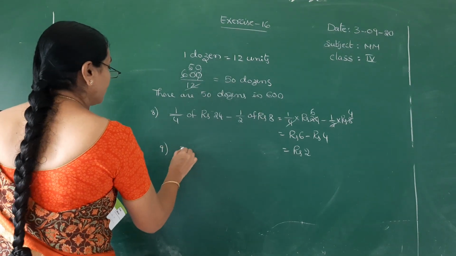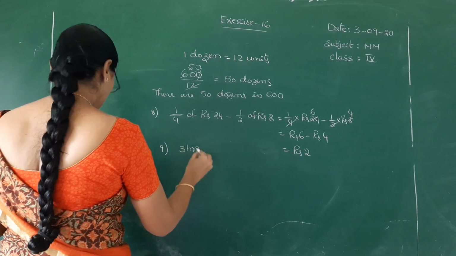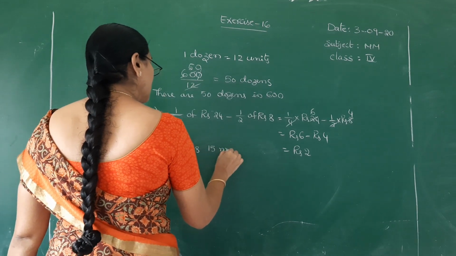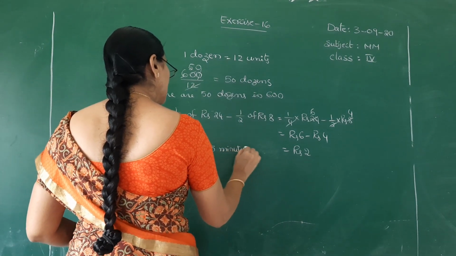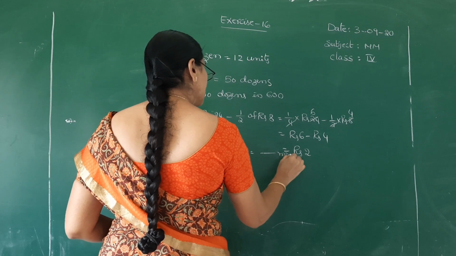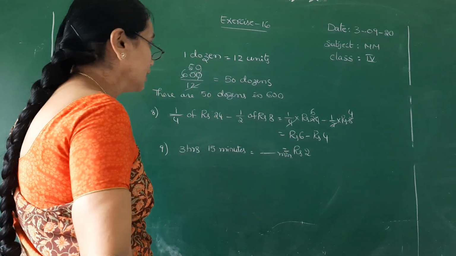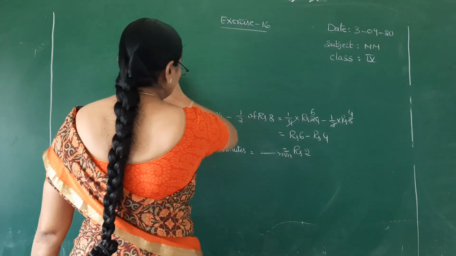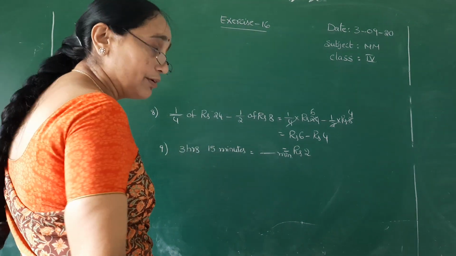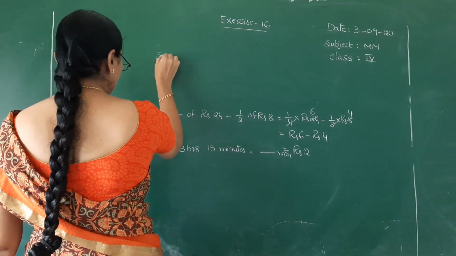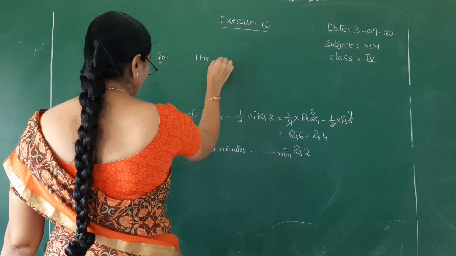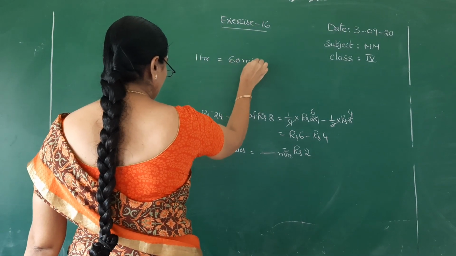See the 9th problem. 3 hours 15 minutes. They are asking to convert into minutes. You know 1 hour is equal to 60 minutes. For 1 hour, how many minutes are there? 60 minutes.